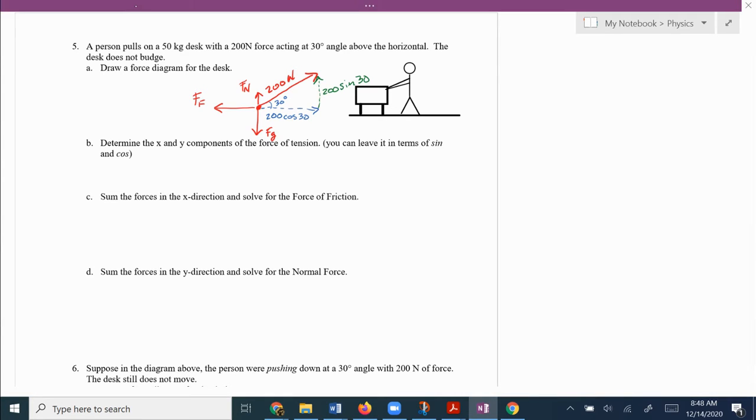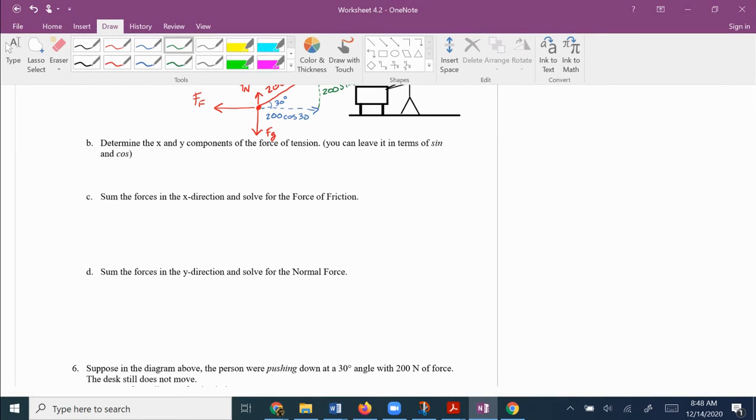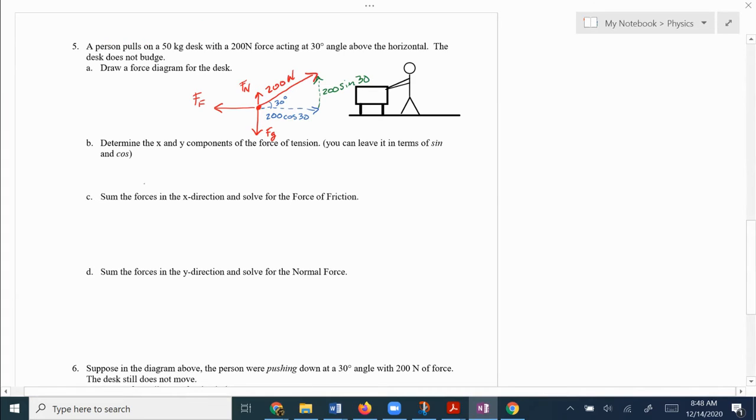So number two, it does have us break that into pieces. For the y component, which is 200 sine 30, that's going to give you 100 newtons.